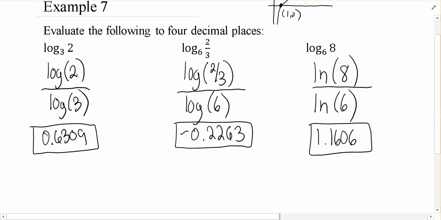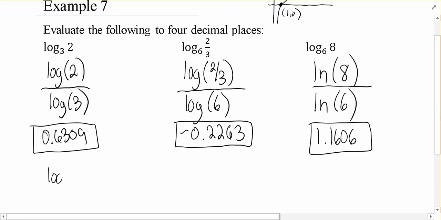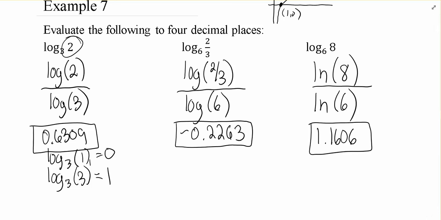Now, keep in mind that log base 3 of 3 would be 1. So if I have log base 3 of 2, it's a little less than 1. Whereas to get 0, I know that log base 3 of 1 would be 0. 2 is somewhere between 1 and 3, which means my answer should be somewhere between 0 and 1.